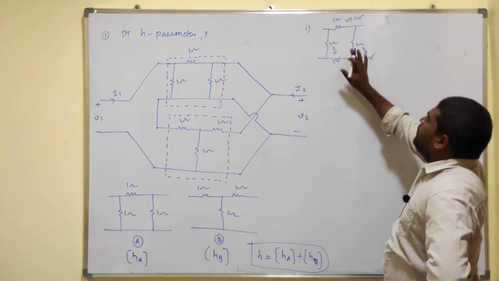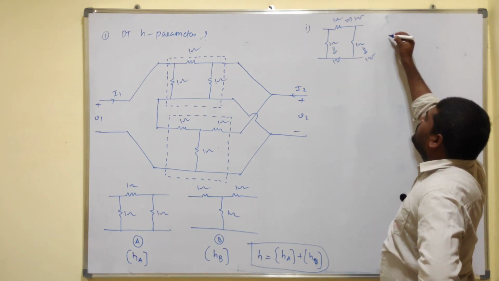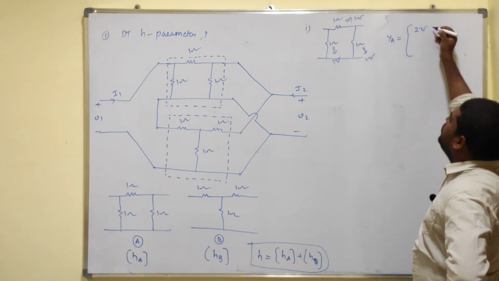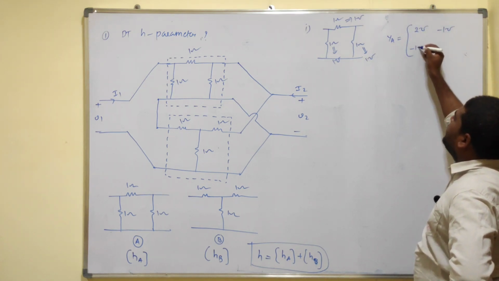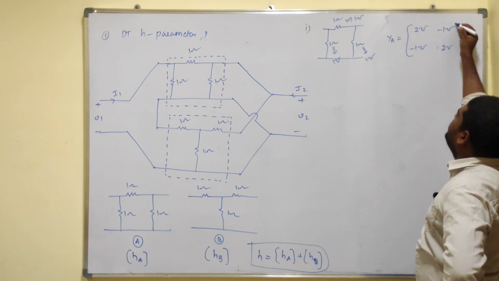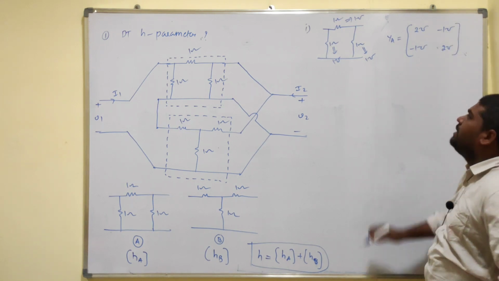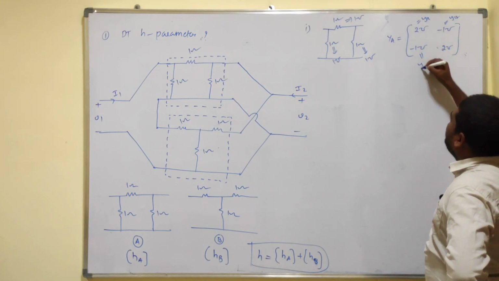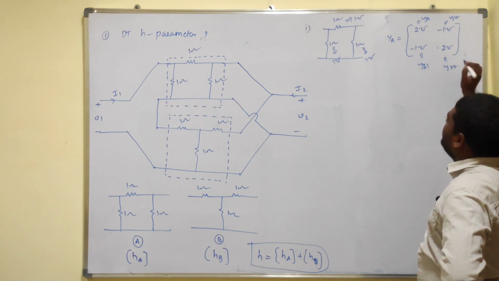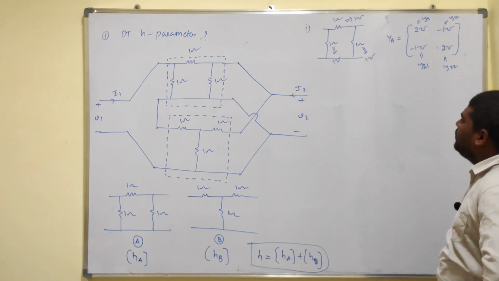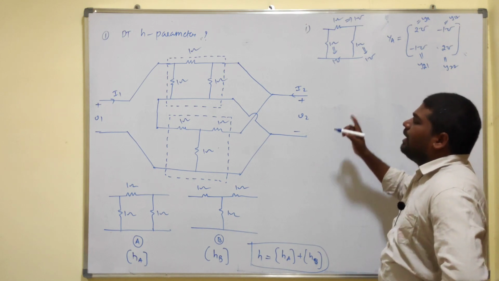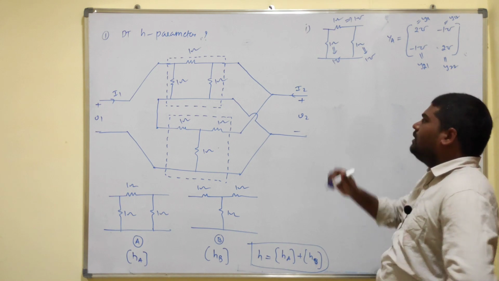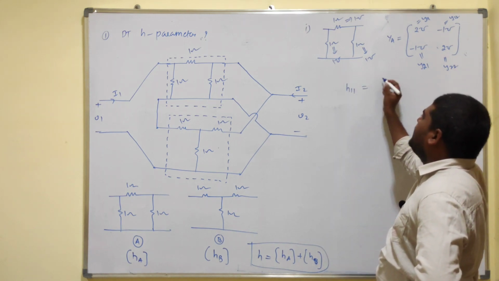And next, for this pi model, the Y matrix YA equals 1 mho plus 1 mho, that is 2 mho, minus 1 mho, minus 1 mho, and 1 plus 1, 2 mho. This is your Y matrix. That means this is y11, this is y12, this is y21, and this one is y22. Clear?